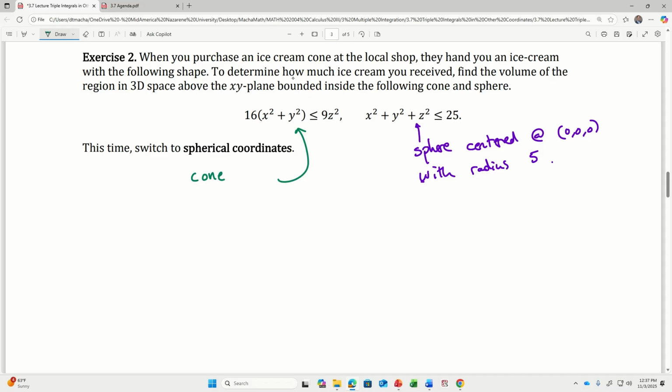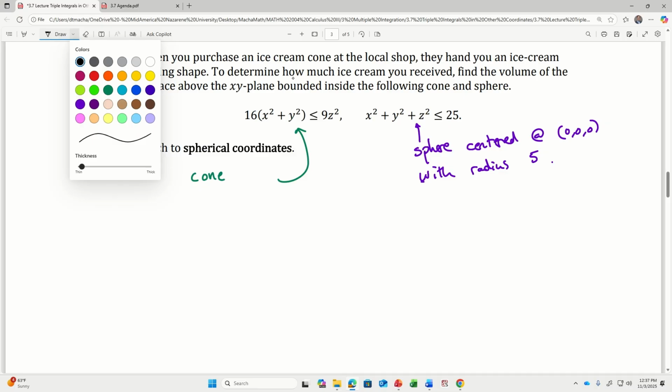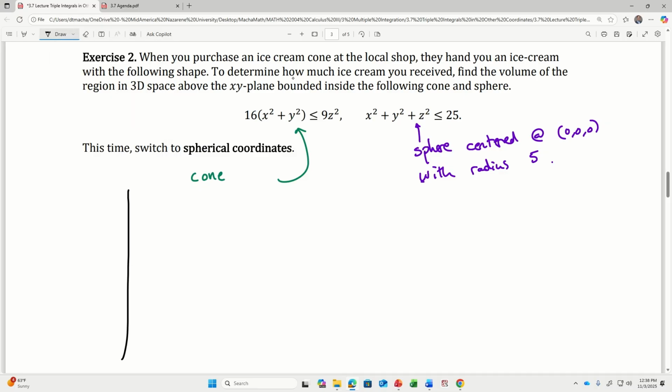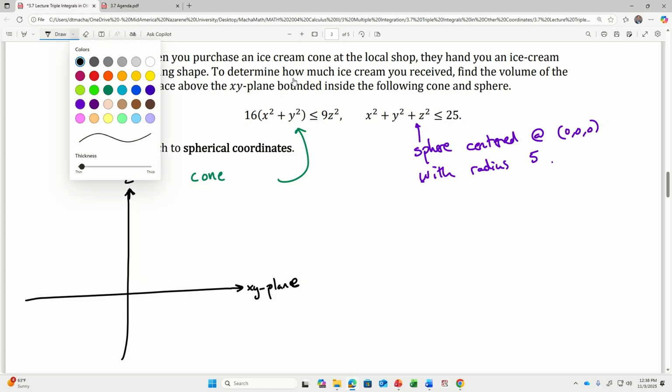I'm going to try to draw some pictures here. Maybe just one picture. Here's my xy plane, here's my z-axis. So my sphere has a radius of 5.